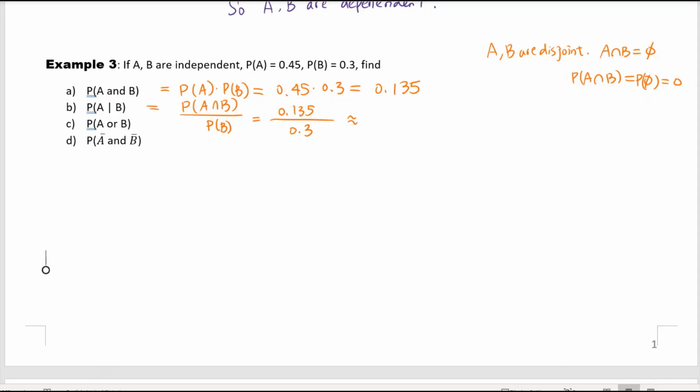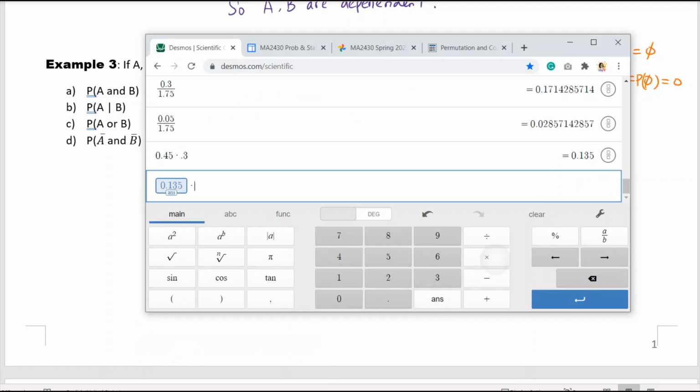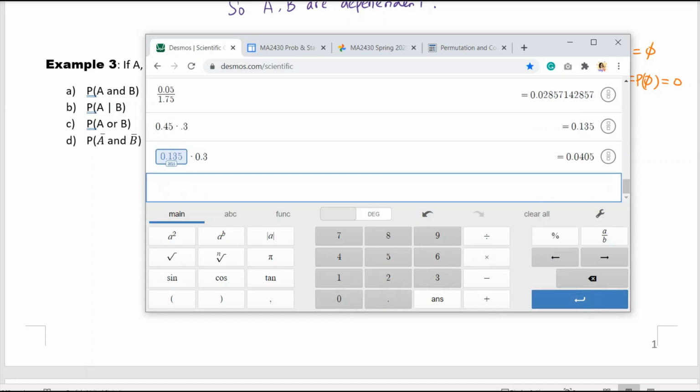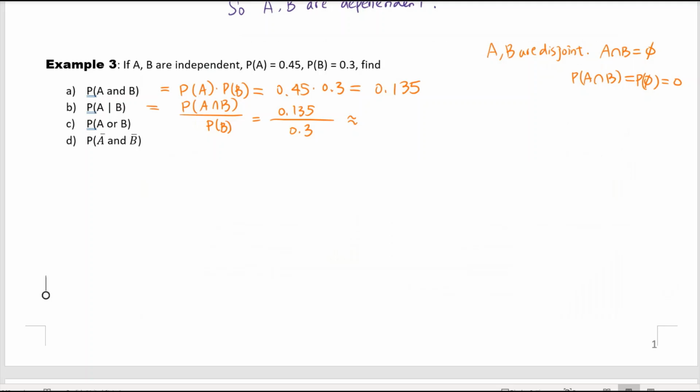So 0.135 divided by 0.3 is 0.45. Oh, you know what?